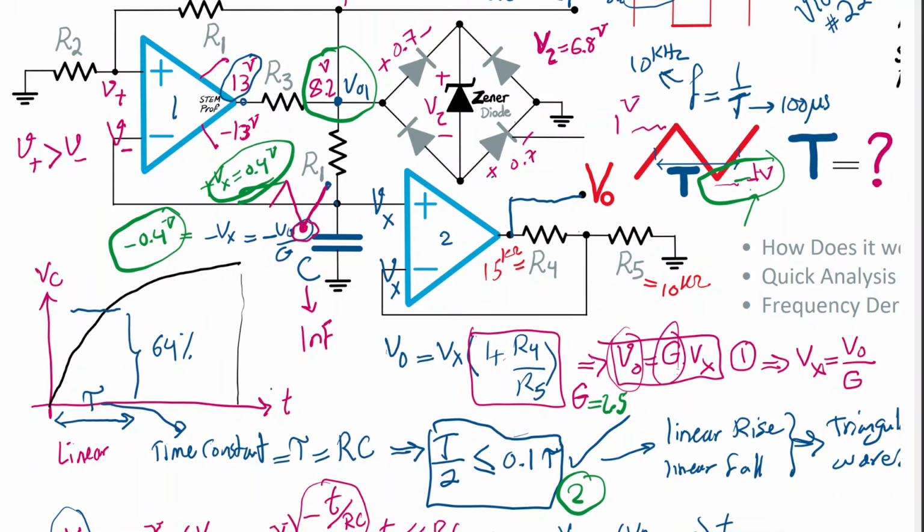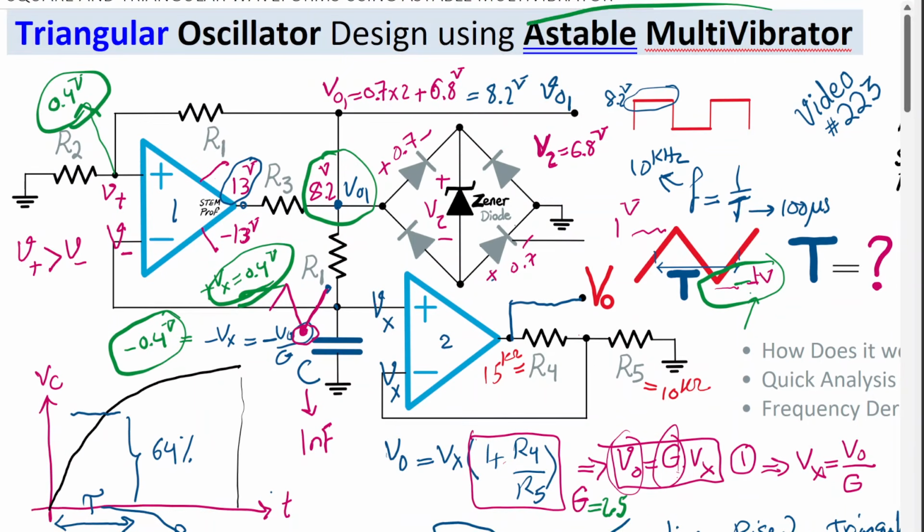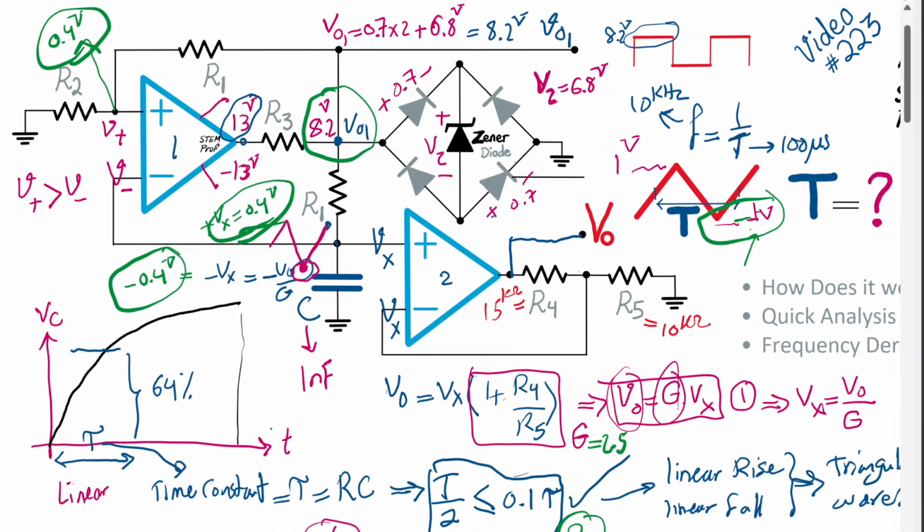But what happens is we need to set the reference voltage at the positive or non-inverting input terminal for op-amp 1 to 0.4 volt now. The reason for that is, as I said, we are using an astable multivibrator, which means that we are just going to set this voltage at 0.4.